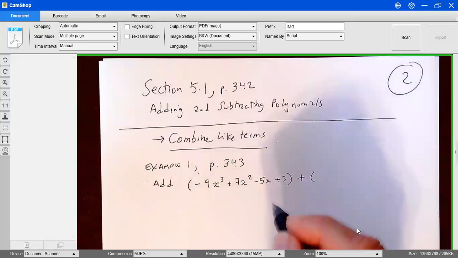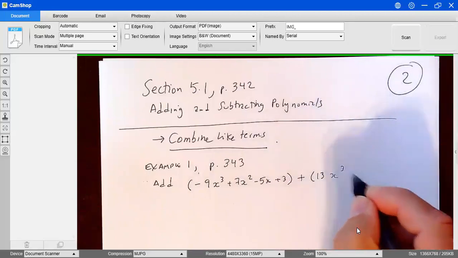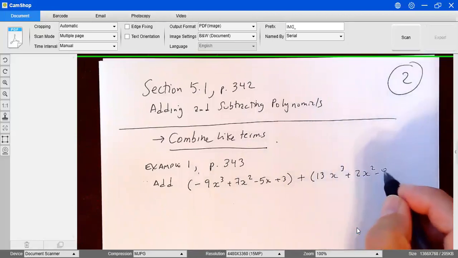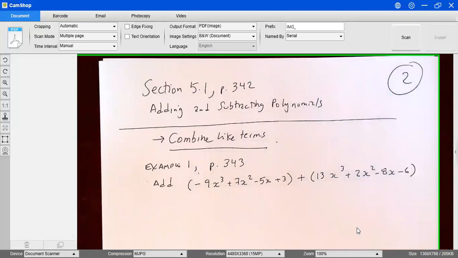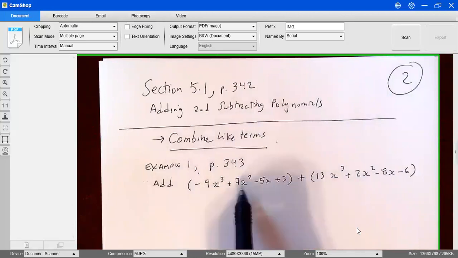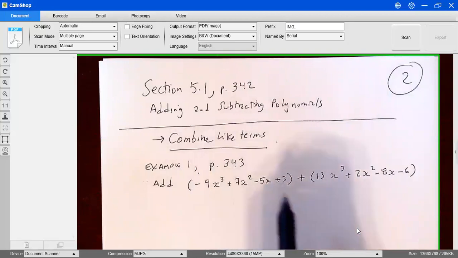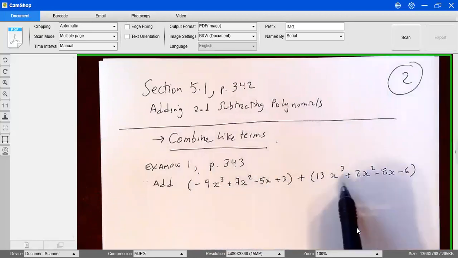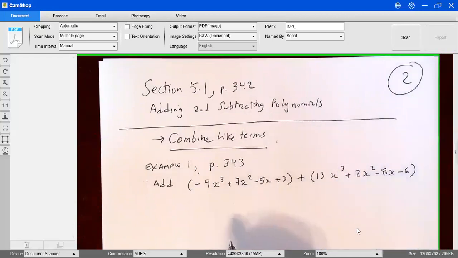Then I have another polynomial, which is going to be 13x cubed plus 2x squared minus ax minus 6, and then we close the second parenthesis. So I have two polynomials here. The first polynomial is a 4-term polynomial. The degree is 3. In the second case, I have a 4-term polynomial too, and also the degree is 3.